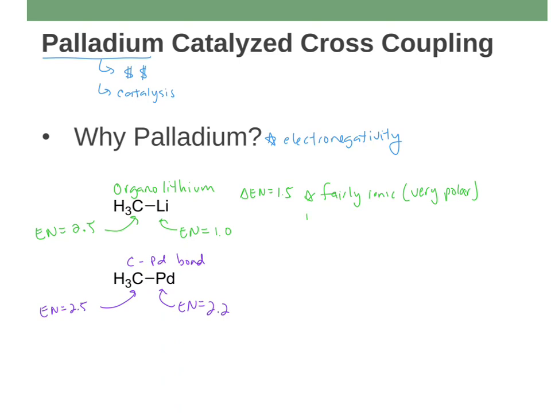And what that means, as we saw with the organolithiums, is that it makes them very strong bases, because you're building up a negative charge on a carbon, and good nucleophiles.